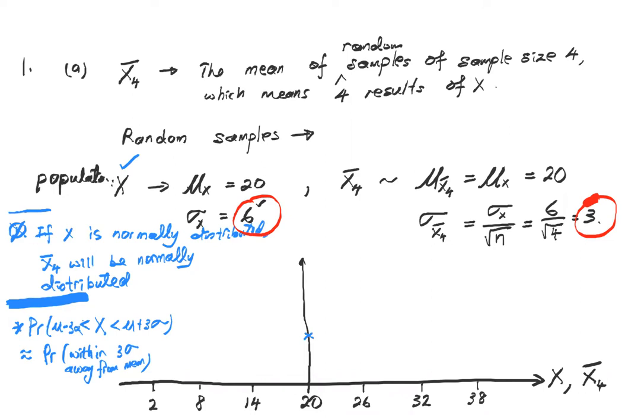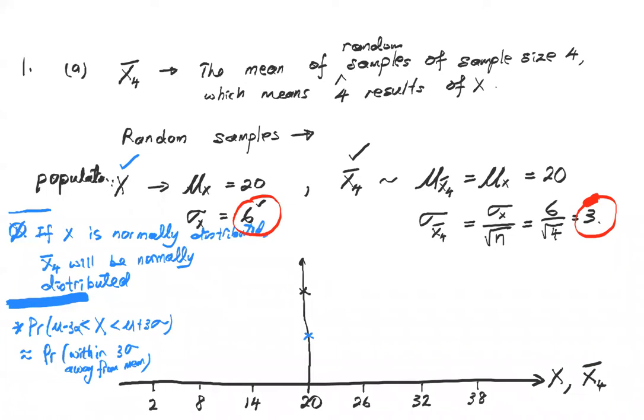And I plot black for X bar 4, which means the height will be double. So that will be the higher point of X bar 4.